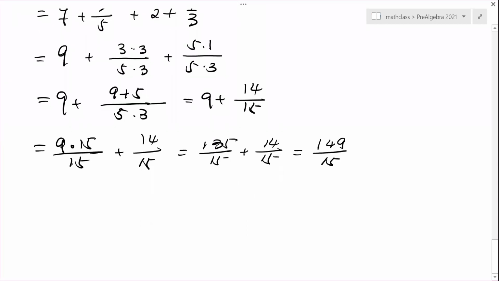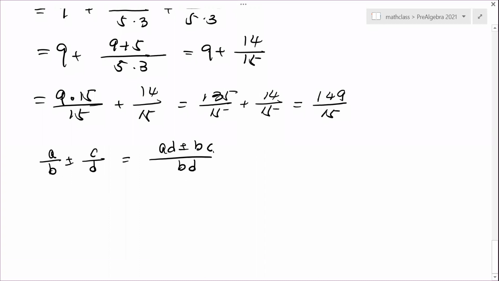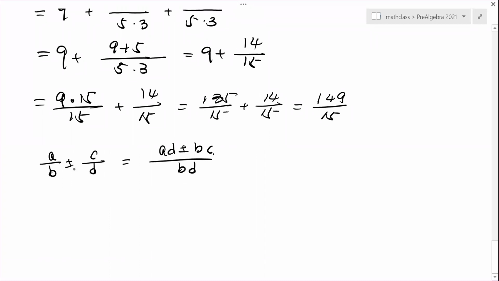Okay, let me repeat again. This is the formula: A over B plus or minus C over D is going to be, with denominators B and D, AD plus or minus BC. This is one of the formulas we have. Multiplication is just AC over BD.